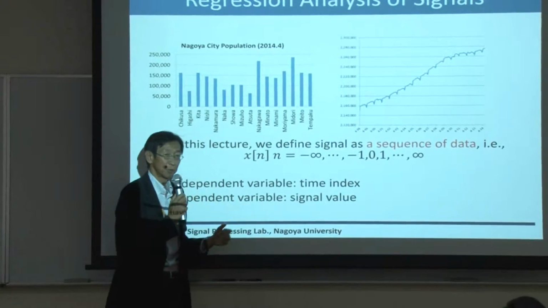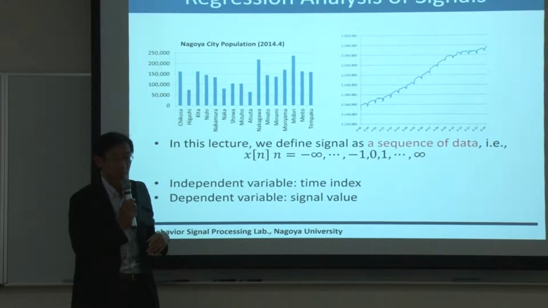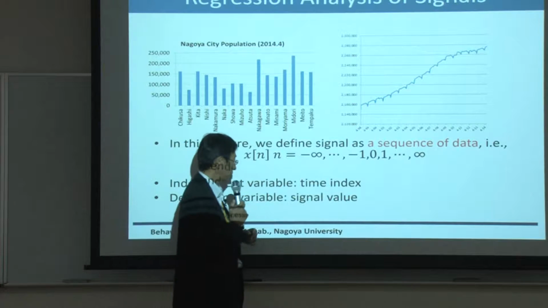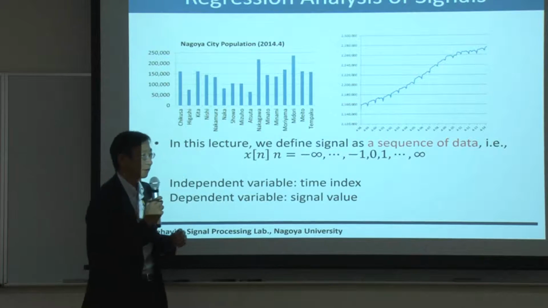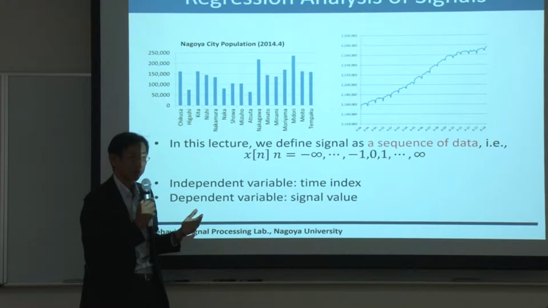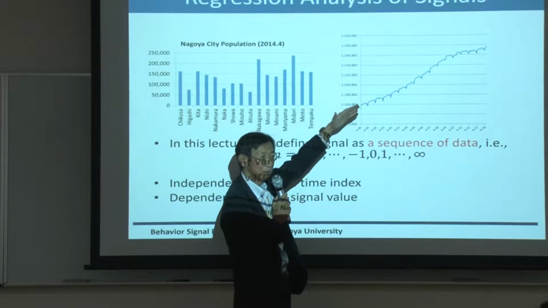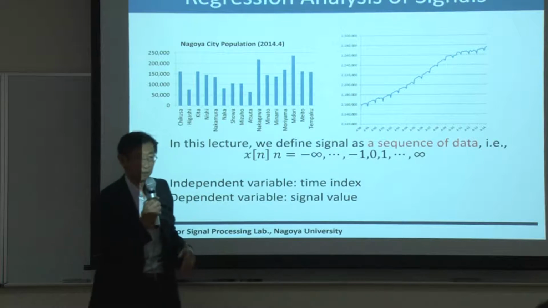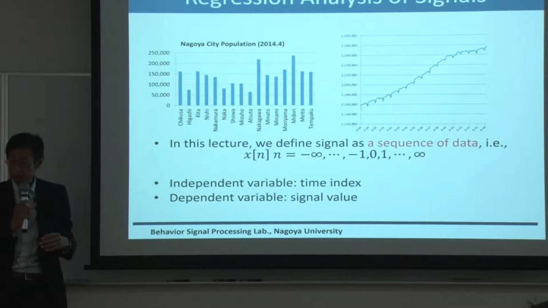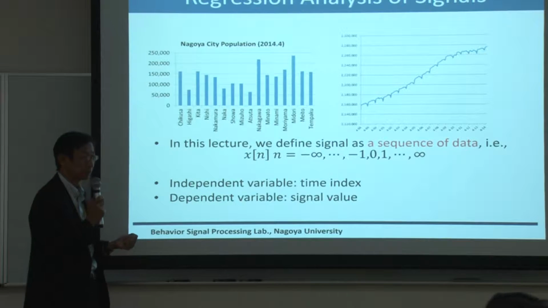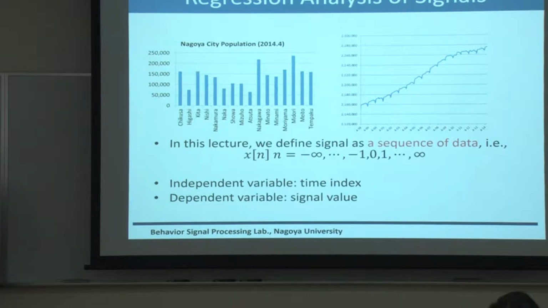But this is a very simple relationship between one variable and the other variable. So we're going to say something about this relationship based on model fitting. Model fitting is the way that we will understand the hidden rule behind the data distribution.